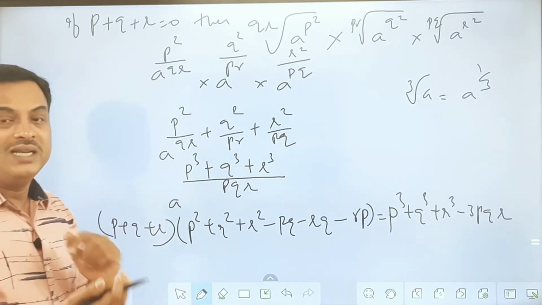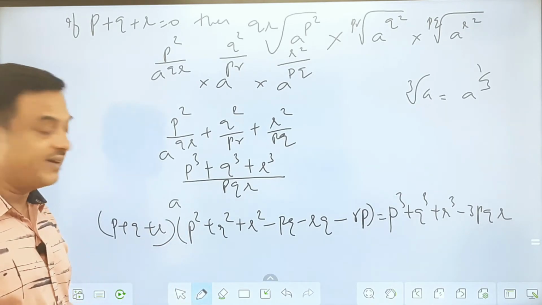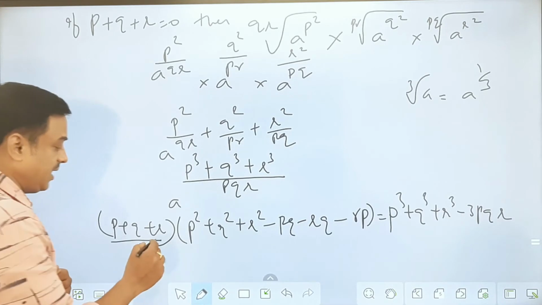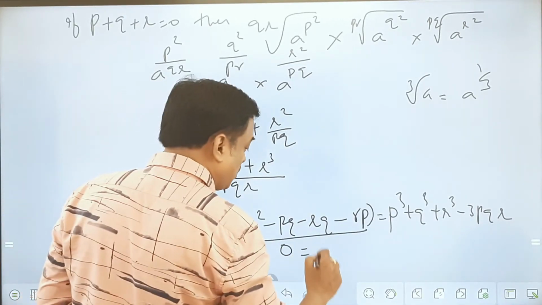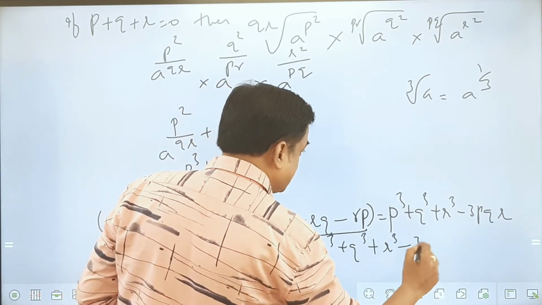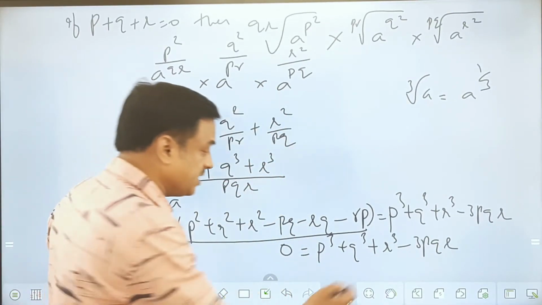There is an expansion, same like the a plus b whole square formula. There are certain expansions we learned at school level, right? Now the given condition is this part is 0. So you can say the entire left hand side will be 0. And there you get 0 is equal to p cube plus q cube plus r cube minus 3pqr is what you get. Now what will be this one then?